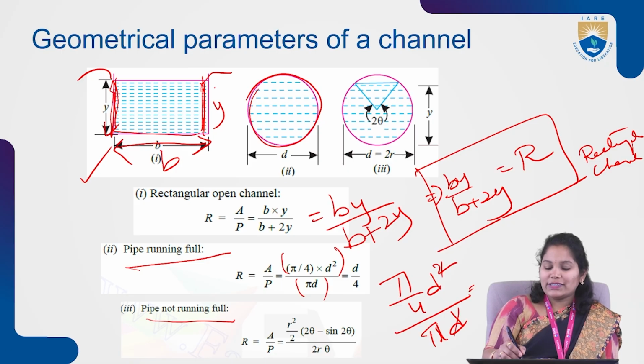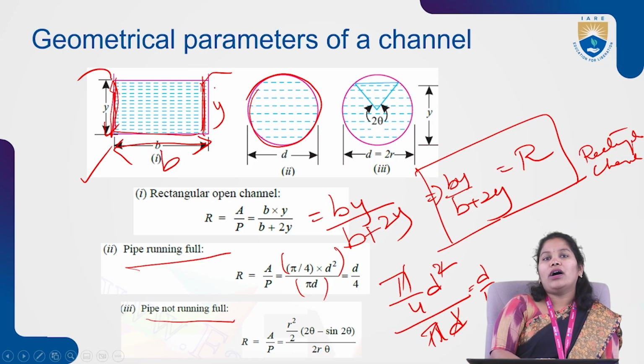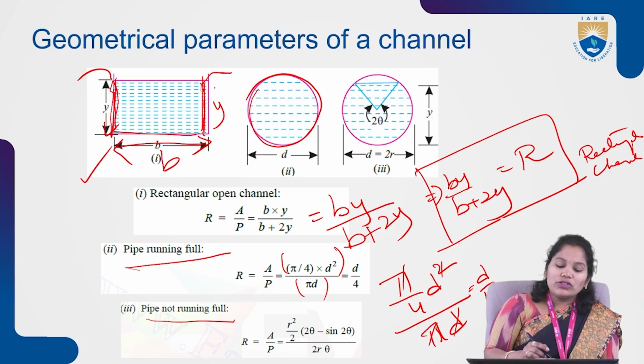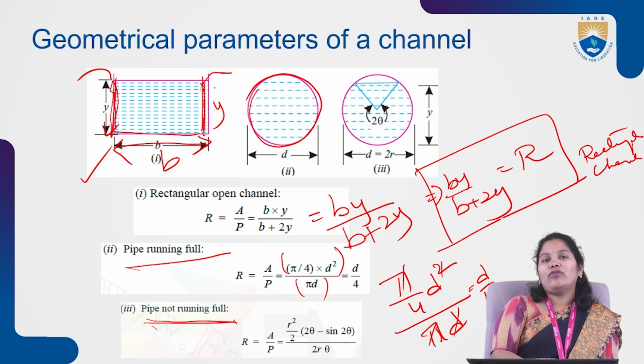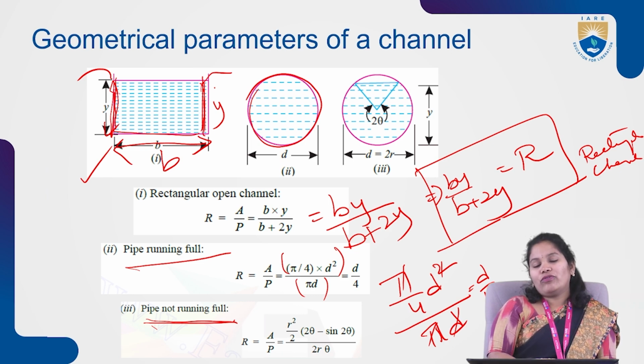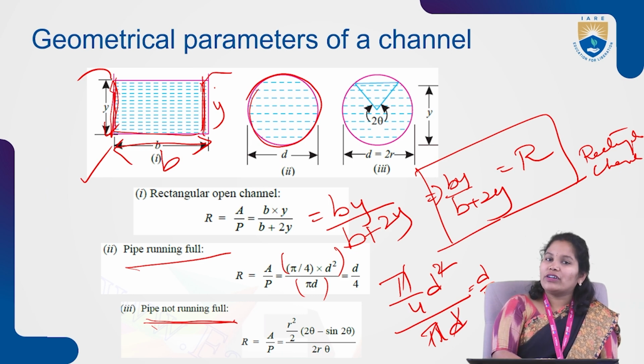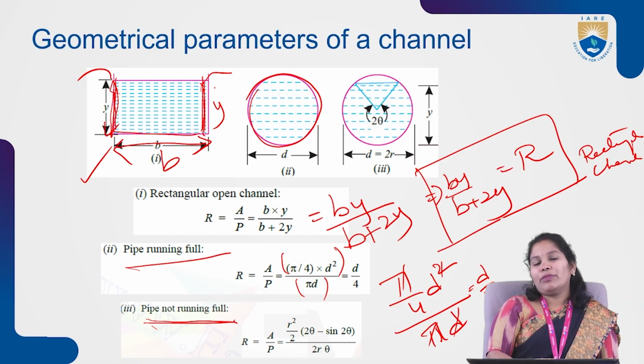So d gets cancelled, and the formula we get is D by 4. The hydraulic radius of a circular channel running full is A by P, wetted area by wetted perimeter, which is D by 4.